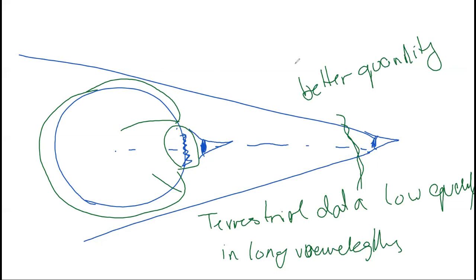Also, if we have airborne data, we are closer to the Earth's surface, but not that close. We lose some frequencies. We cannot see those details, but we can see some frequencies of a more regional type. So if we have these three types of data, terrestrial, airborne, and satellite data, then we have to combine them. If the terrestrial data is weak in low frequencies, we use satellite data to cover that.